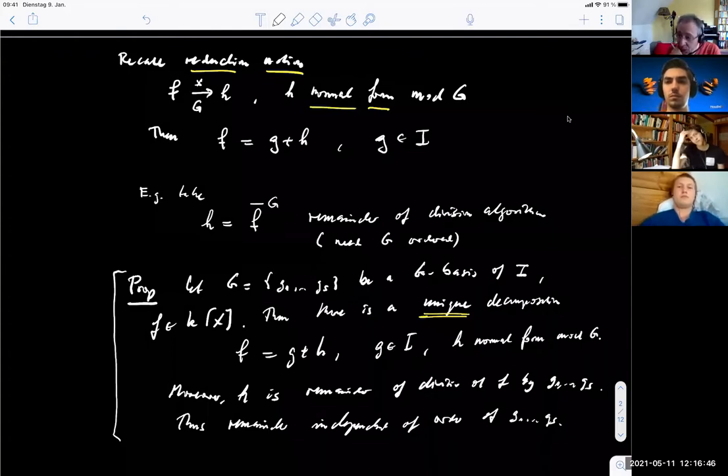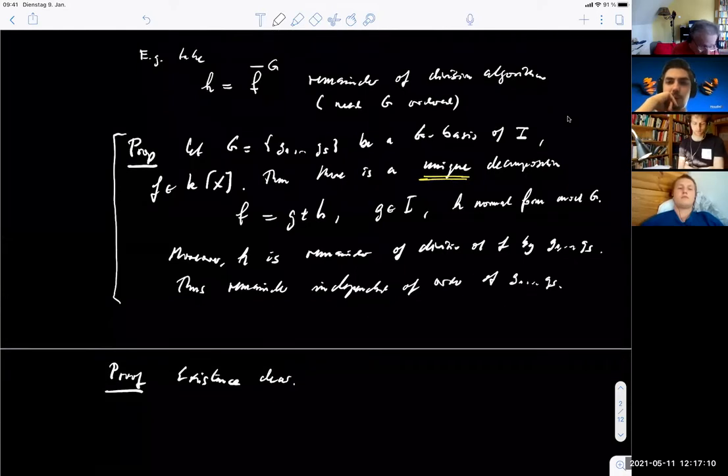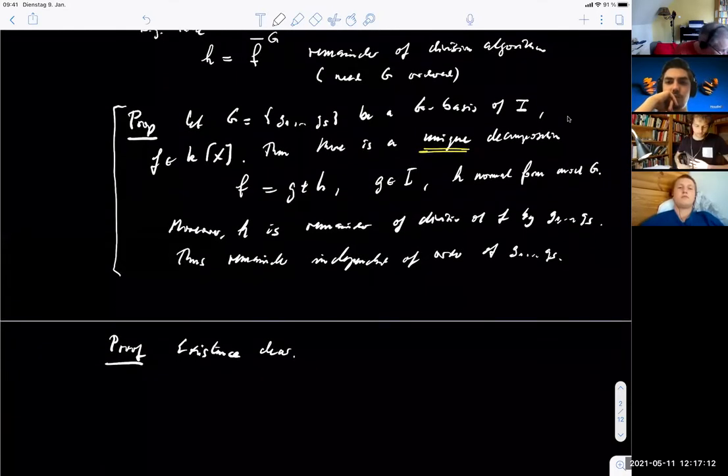This is always possible by this well-orderedness. There can be no infinitely strictly descending chain of polynomials. We proved that. So for that reason, we can have such a representation. So the existence is clear now. And the interesting part is the uniqueness.